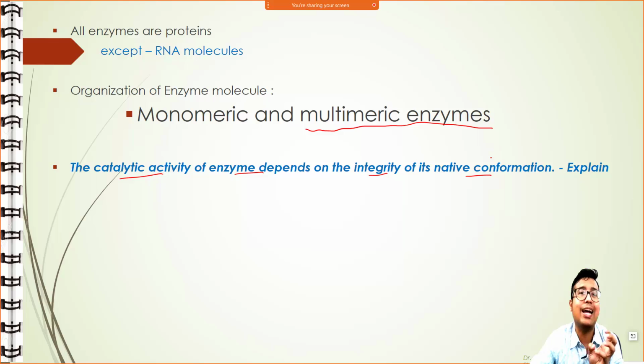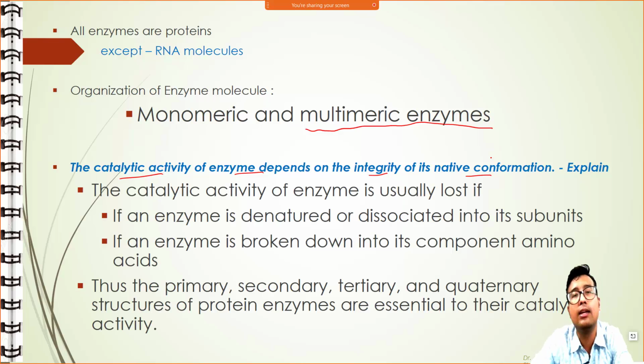As soon as you detach the enzyme from its coenzymes or functional subunits, or even if you break down the enzyme to its component amino acids, everything will be gone. It's the nature of the enzyme that the catalytic activity is lost if it is denatured or dissociated into its subunits.